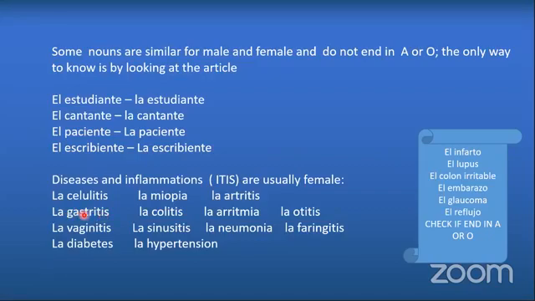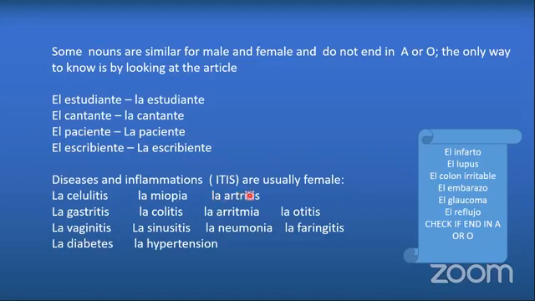La vaginitis. La diabetes, a disease. La myopia. That was easy. Ends in A, of course, has to be female here.